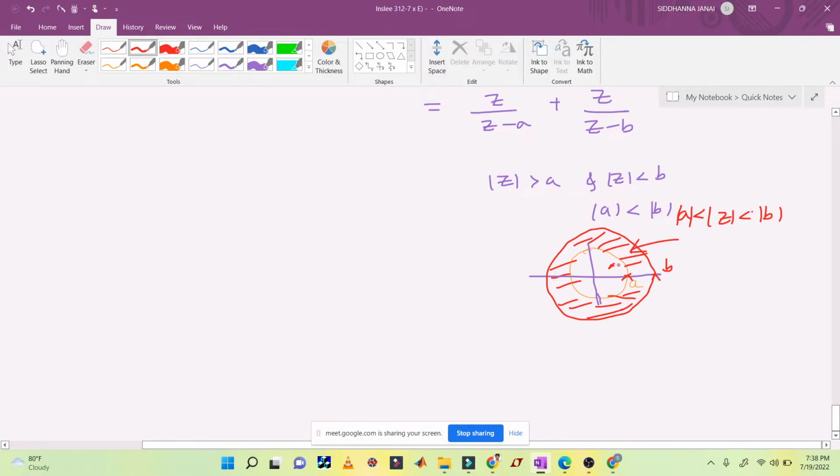Inside this there is no convergence, outside this B also no convergence. Within A and B, in this region, any value of Z you can give and you will get X of Z. Otherwise you will not get X of Z. Okay, that is the meaning of this graph.